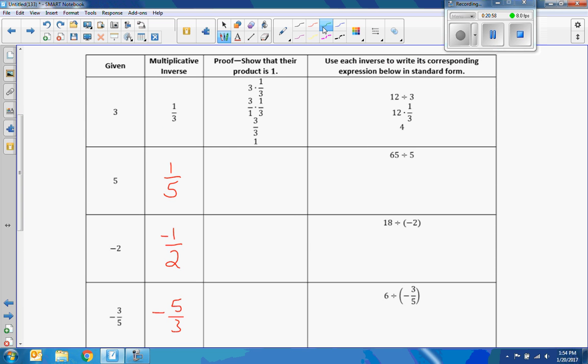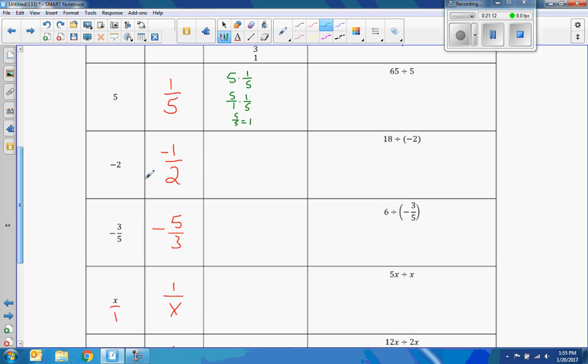Now let's do the proof. 5 times 1/5 is the same as 5 over 1 times 1 over 5 is the same as 5 over 5, which equals 1. Negative 2 times negative 1/2 is the same as negative 2 over 1 times a negative 1 over 2.